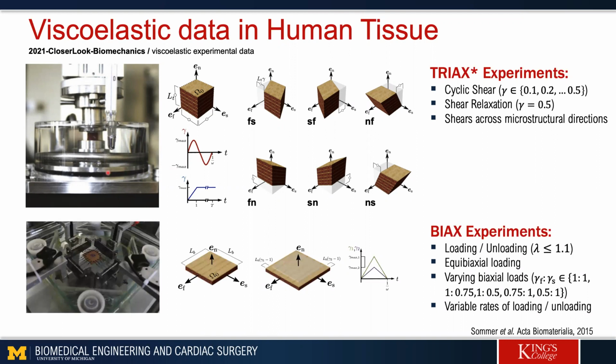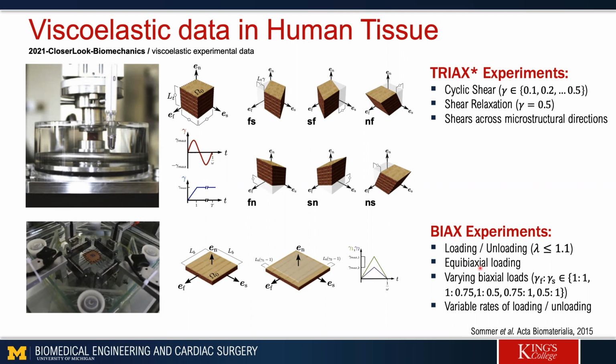In addition to that, they also repeated the biaxial tests using their biaxial rig. They have an optical system, and they would mark dots onto the tissue and measure the strain over time, along with the forces. They did different stretch protocols where they would load and unload up to basically 1.1 stretch.